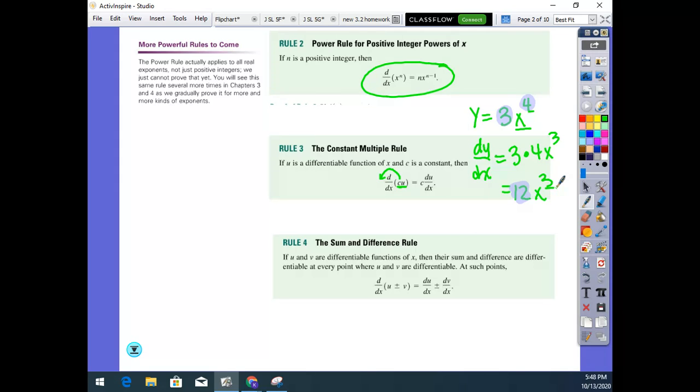Now, each of the cases I've shown you so far is just one term. If we have a polynomial with multiple terms, we just add or subtract the derivatives all the way across the polynomial.